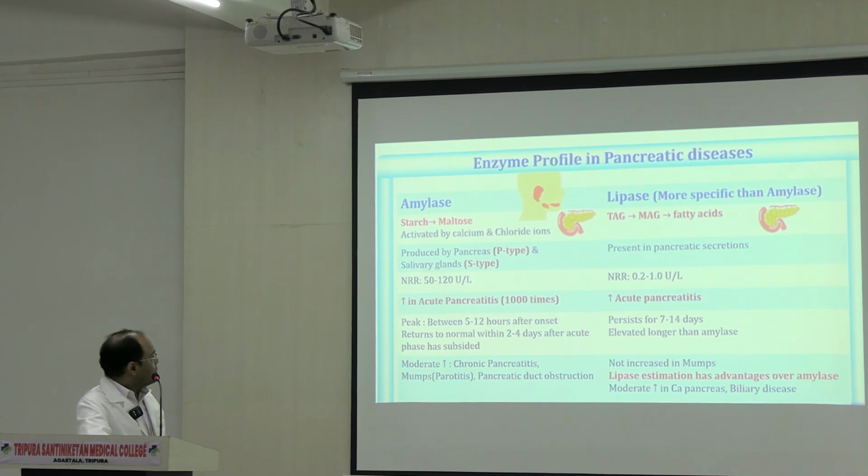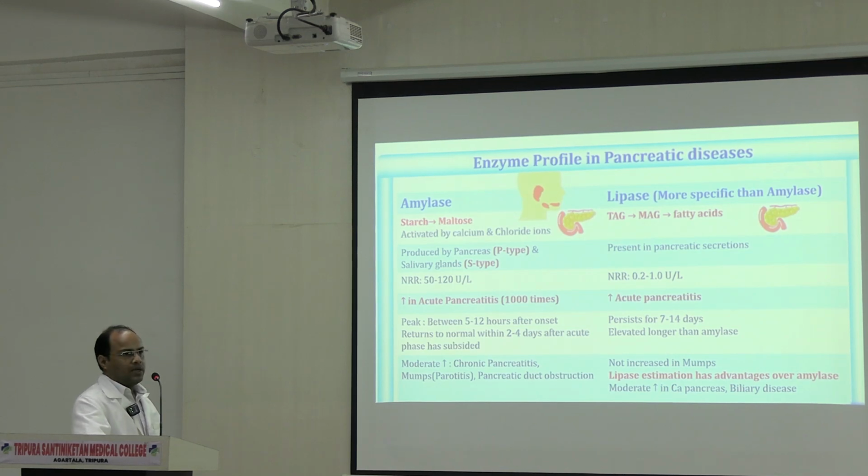amylase, the function is to hydrolyze starch, breaking down starch into maltose. They attack the alpha 1,4 linkages of glucose bond. Okay, they are activated by chloride and calcium ion, produced by pancreas P type and salivary gland S type amylase. Normal reference is 50 to 120 units per liter.